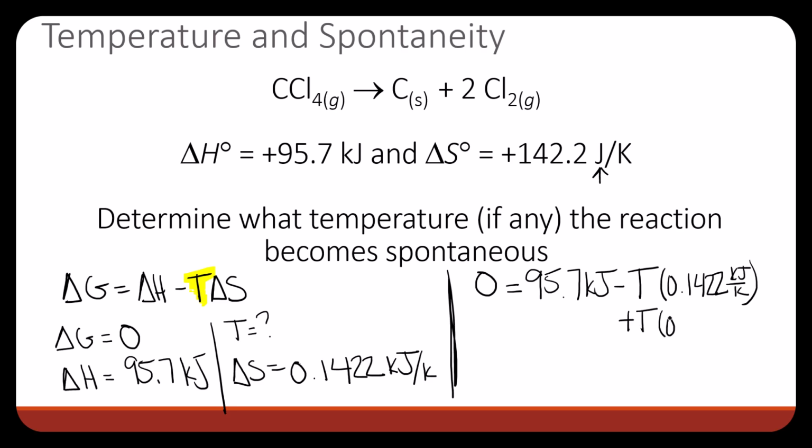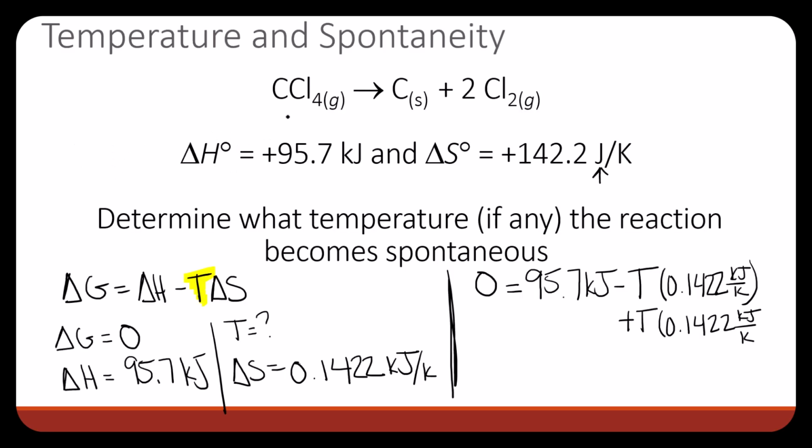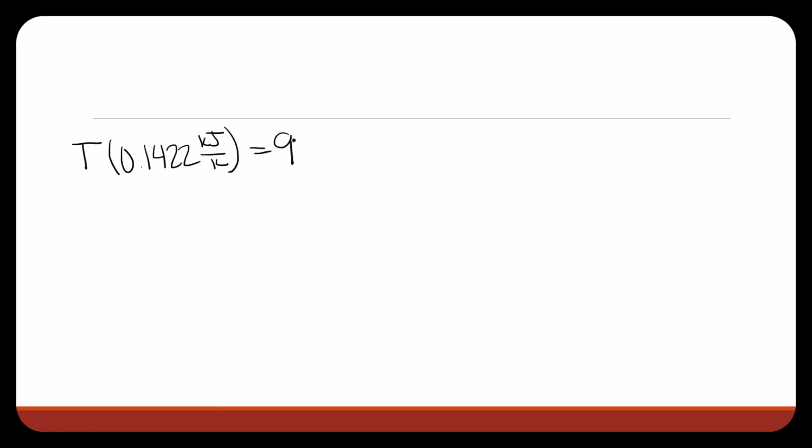So add this to the other side. I'll go to a new slide to clean it up a little bit. When I added that over, I ended up with T times 0.1422 kilojoules per Kelvin equals, and then what's left on that side is just enthalpy, 95.7 kilojoules.